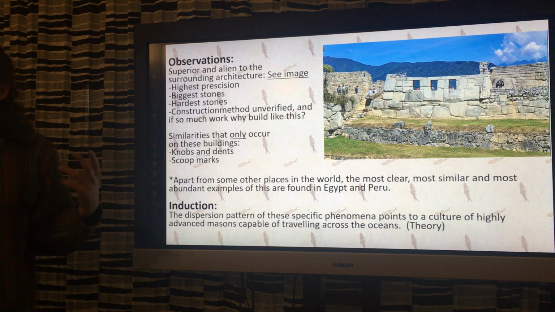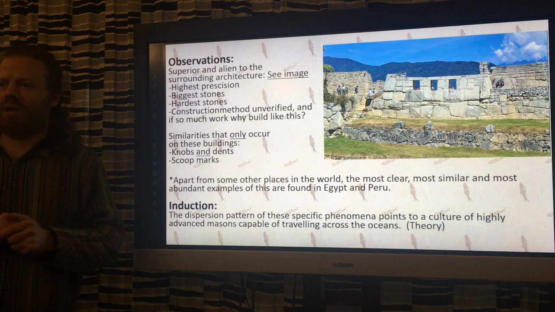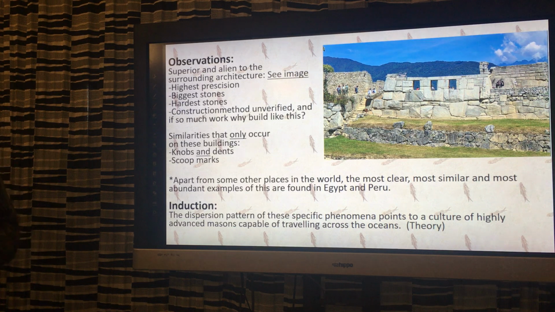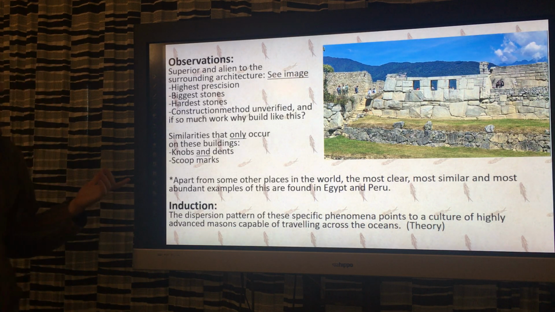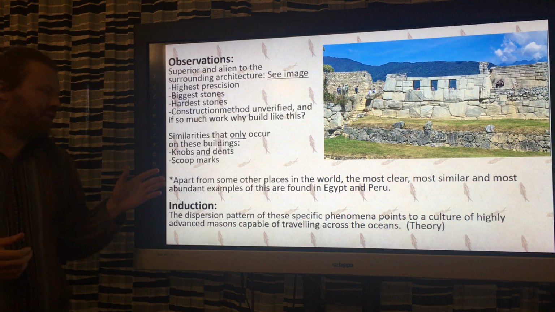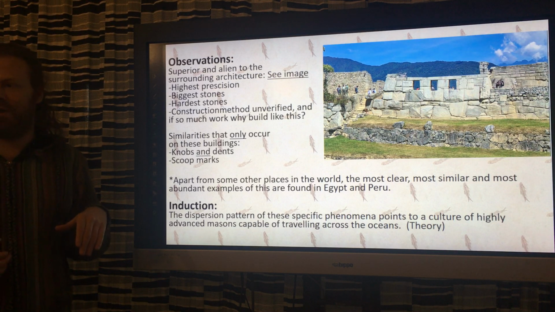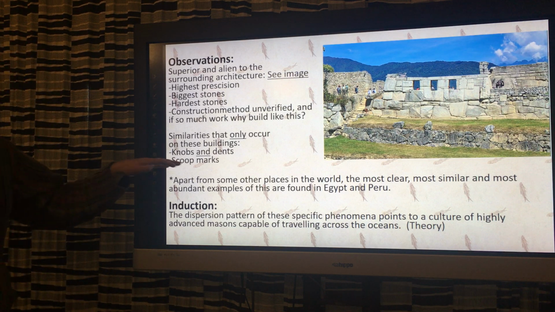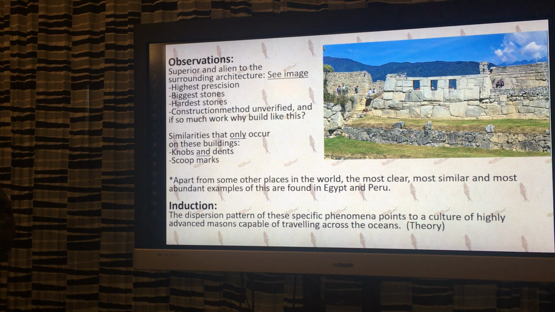So why did it take so much work to build this? And maybe they didn't have to do so much work, and it was just not done in that way by these people. The interesting thing is that these similarities that we looked at only occur on these buildings: the knobs, the dents and the scoop marks, especially the scoop marks, on the biggest and most precise.